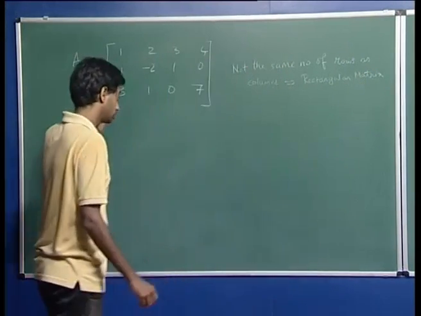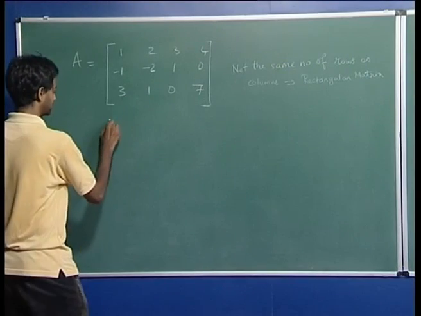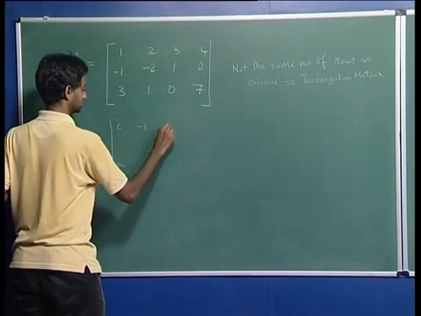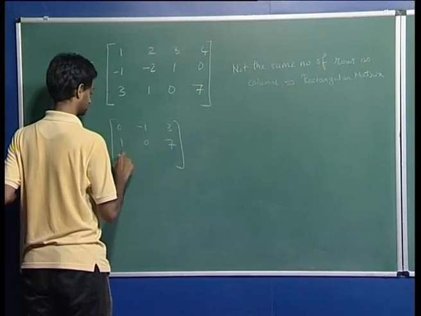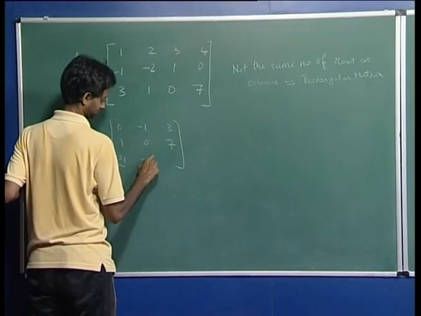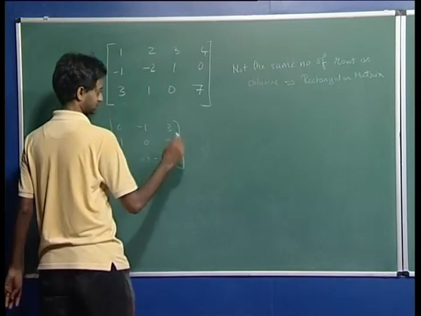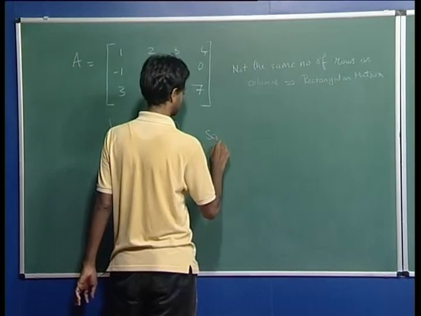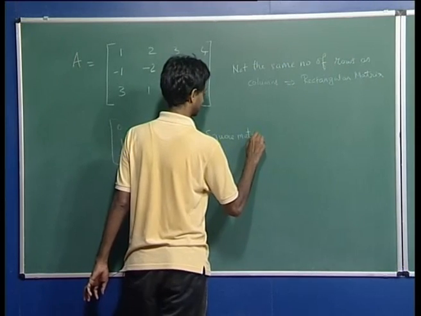Okay, so this is a matrix where the number of rows and columns are not the same. On the other hand, you could have a matrix like this, so this is called a square matrix. So, when the number of rows and columns are identical, then it is called a square matrix.